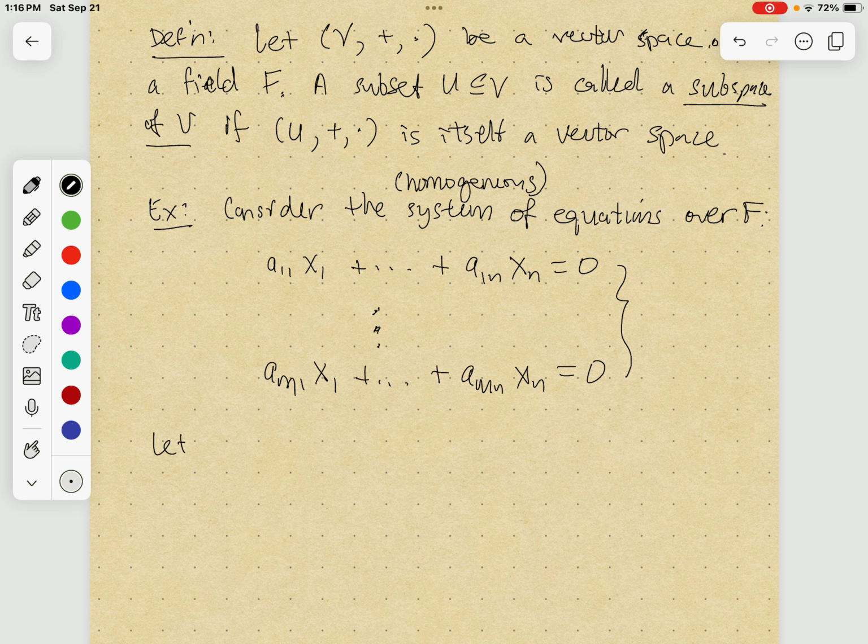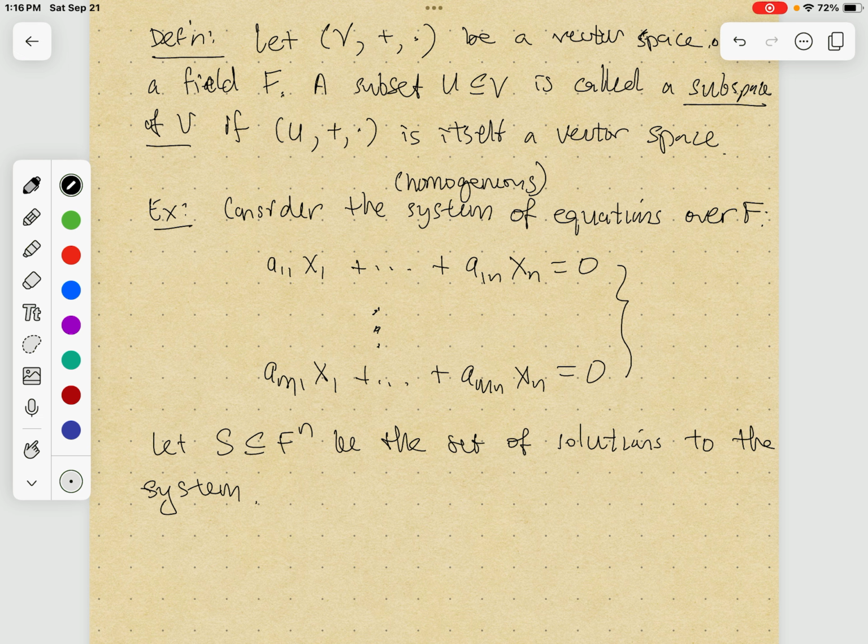Now let S in F^n be the set of solutions to the system. So S is a subset of F^n because the solutions are elements of F^n.